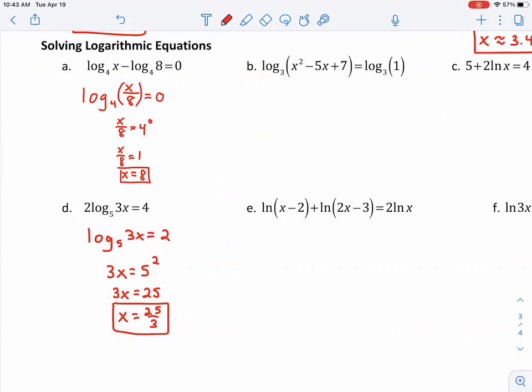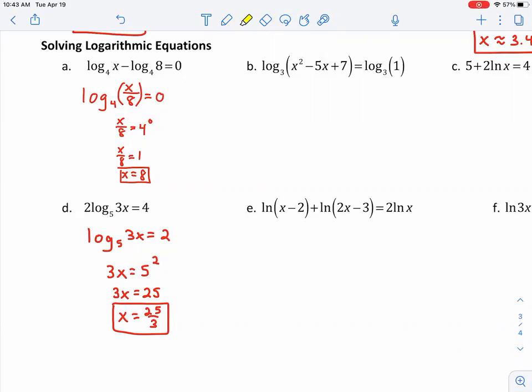All right, still hanging in there? Okay, there's one thing that I'm just going to tell you right now, and I think this will make more sense, probably not next class, but the class after. And that is that when you have a log function, you occasionally get an extraneous solution.